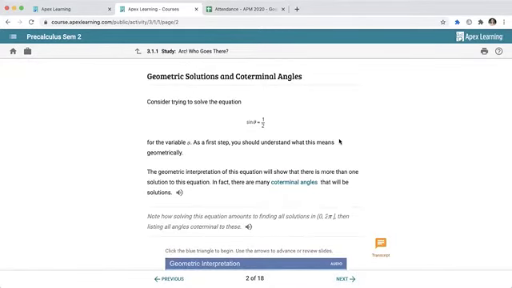Okay, so for example, if we're looking at sine of theta equals 1/2, we're trying to technically solve what our theta is here, or what angle, when we plug it into this sine equation, would give us 1/2. Okay, and this is one of those a little bit easier ones that we talked a lot about.